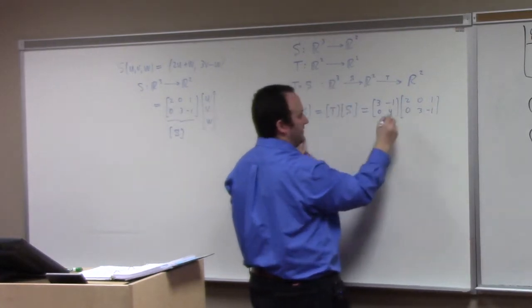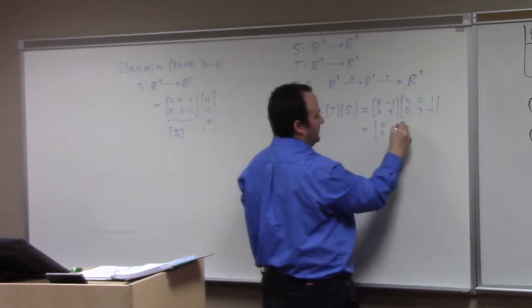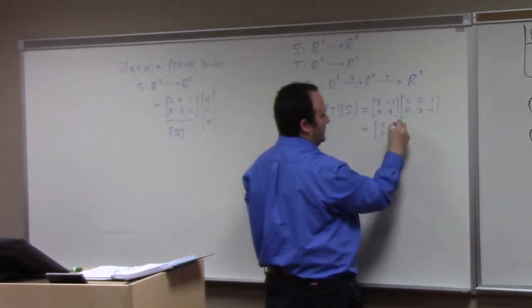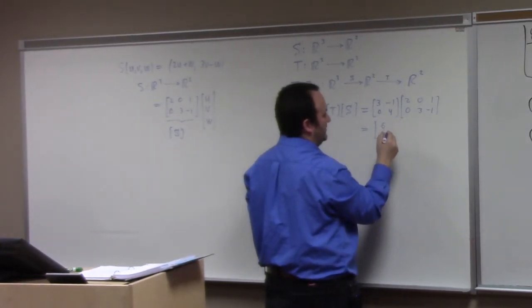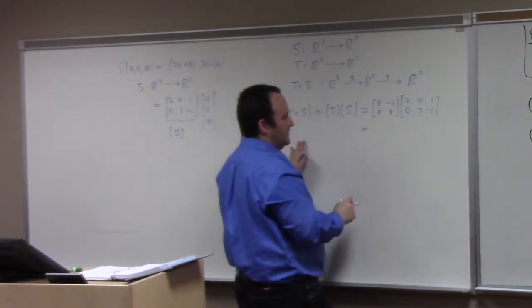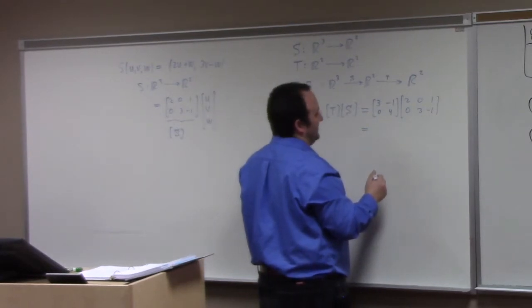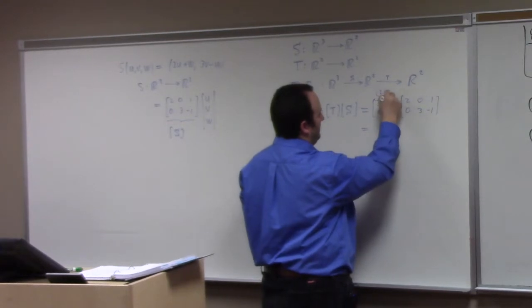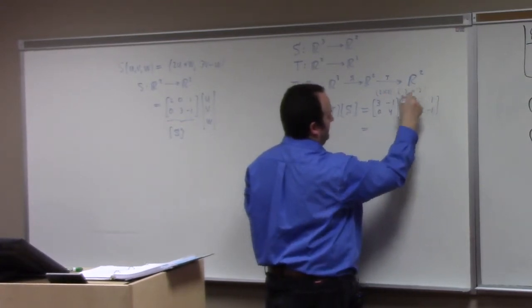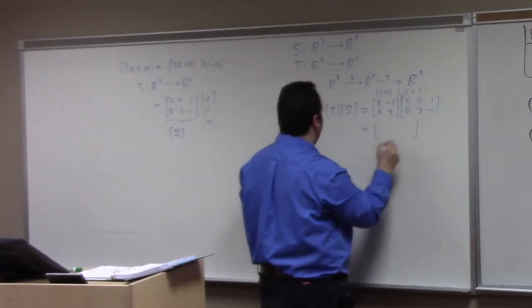We multiply these matrices, what do we get? 6, 0. Oh, wait a minute, can I multiply these? Yeah, I can multiply these, sorry. What kind of matrix should we get? Sorry, I'm having a mental block here all of a sudden. So you guys tell me what the output is, 2 by 3, yeah?